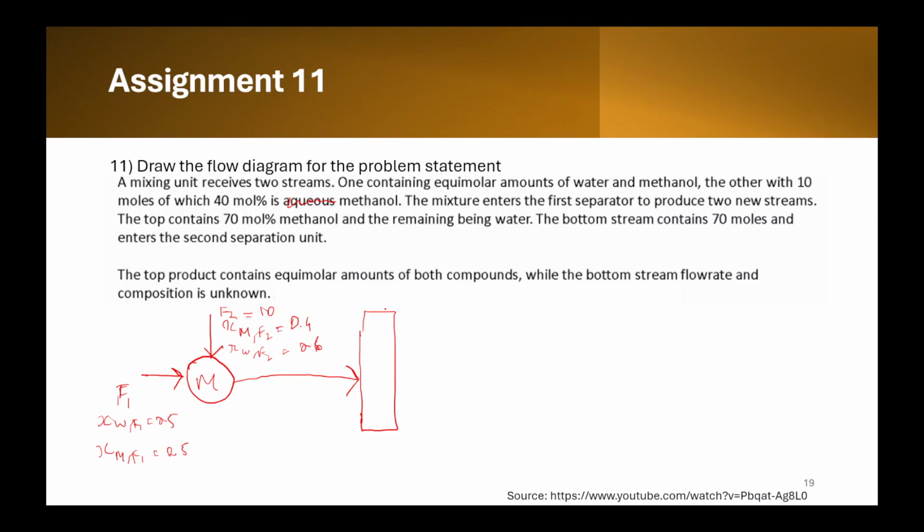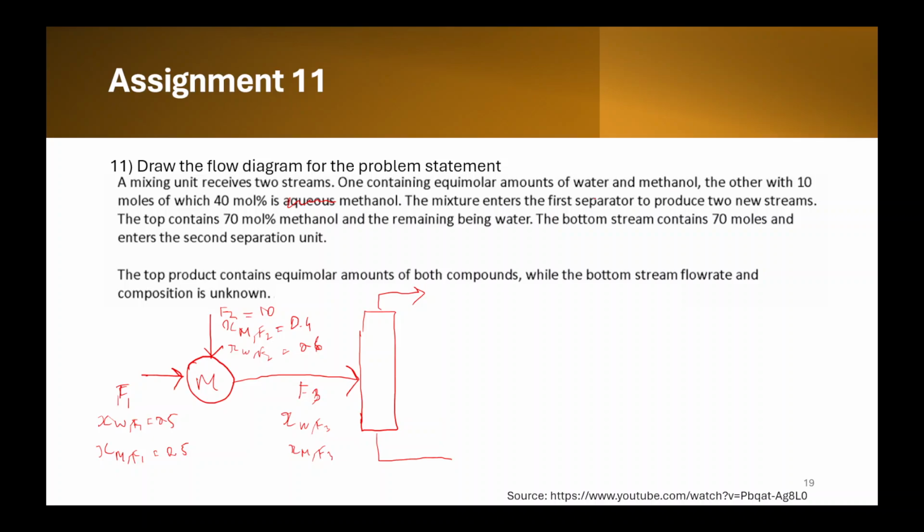There is a top stream and a bottom stream. You can write this stream as F3. You are not given any information about this mixture, so you write XW,F3 and XM,F3. Okay.